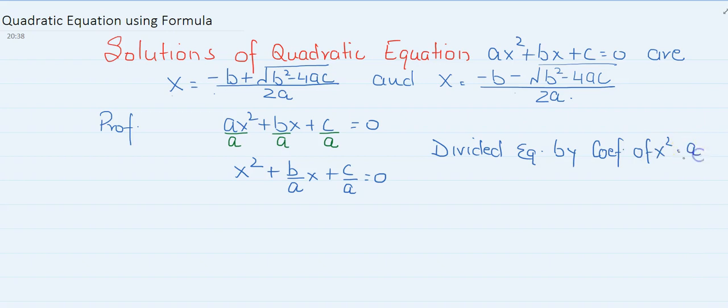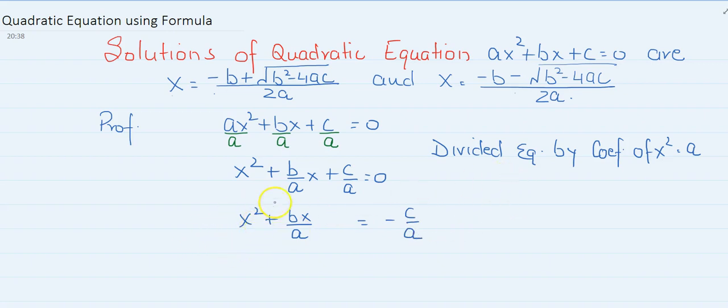That is, the number with the x² is called the coefficient of x². Now we have this equation as x² + bx/a = −c/a.